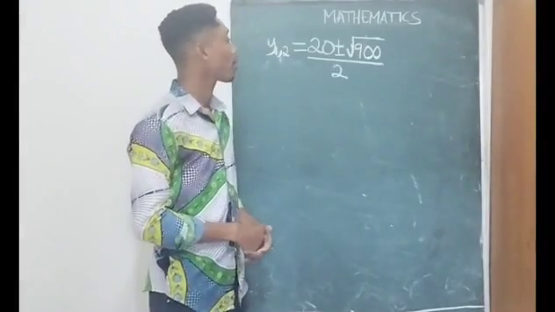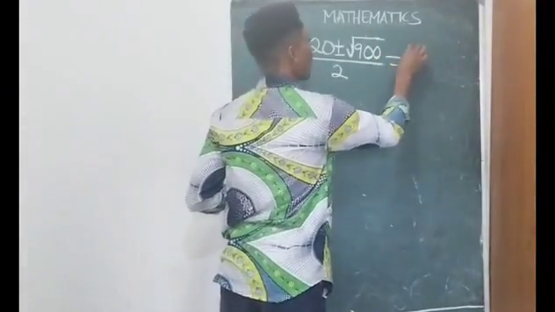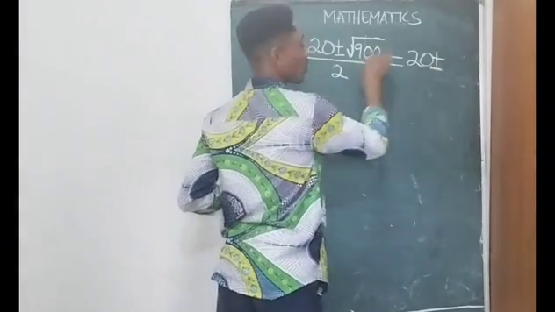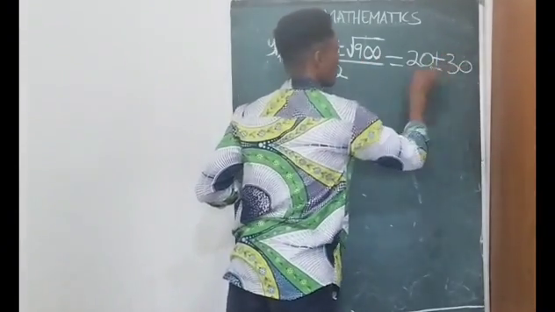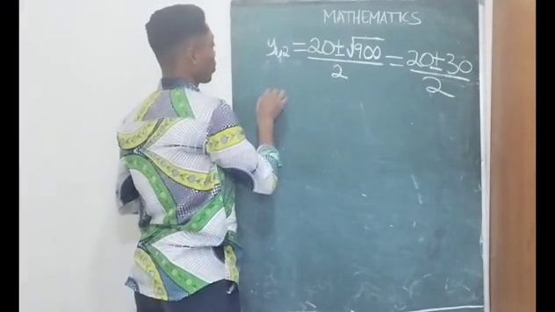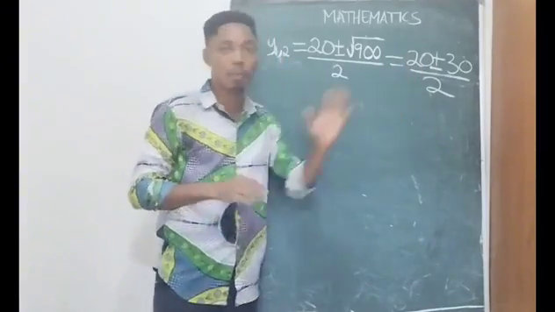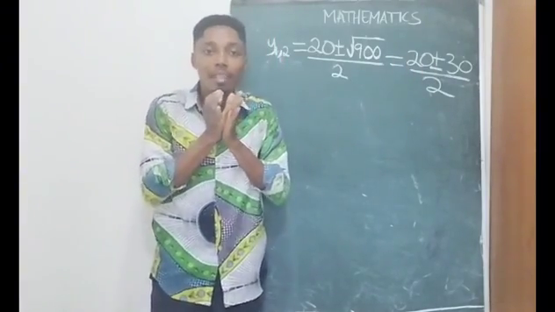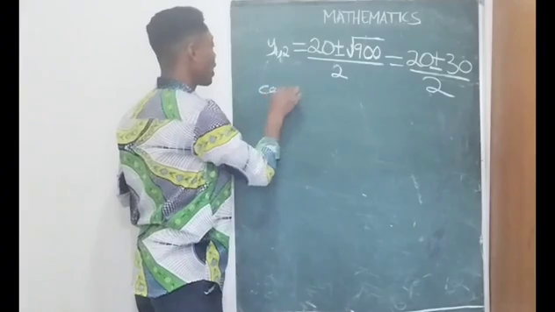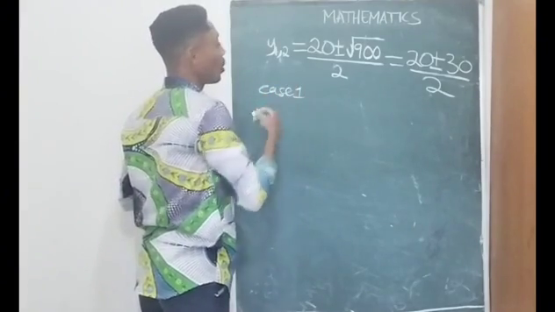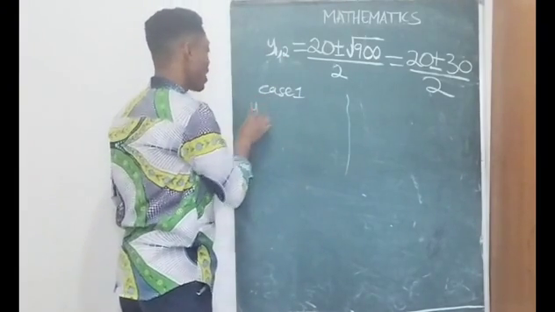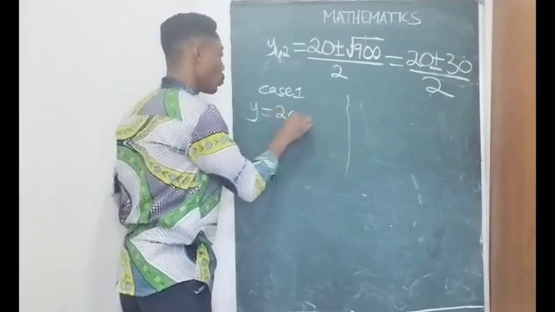From here, you can see that the square root of 900 will give you 30, all over 2, right? At this point, we can split the solutions into case 1 and case 2. So for case 1, that's the first value of y, you can see that y equals minus 20.